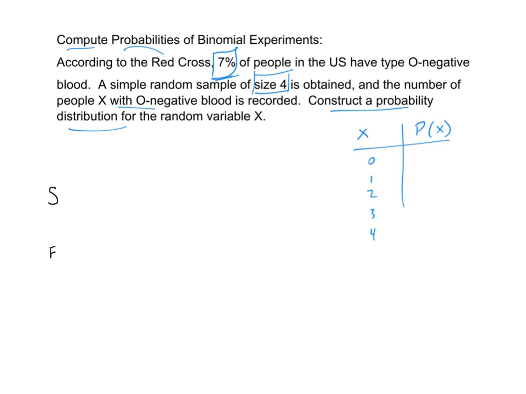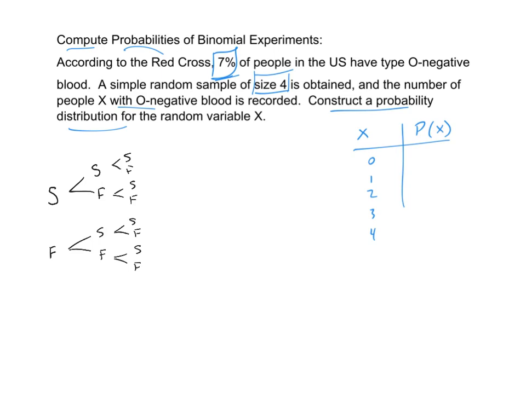Then the next trial in my experiment, I look at the next person's blood, and that is either a success or a fail. That's the second trial. Then we go into the third trial, and that person either does or does not have O negative blood, success, fail. And then we go to the fourth trial.